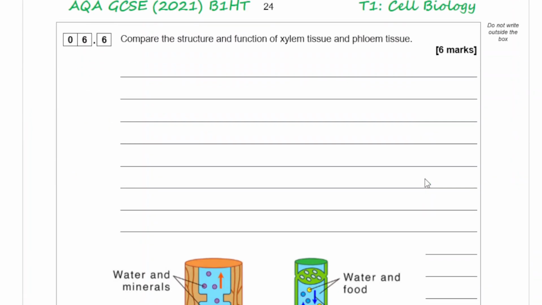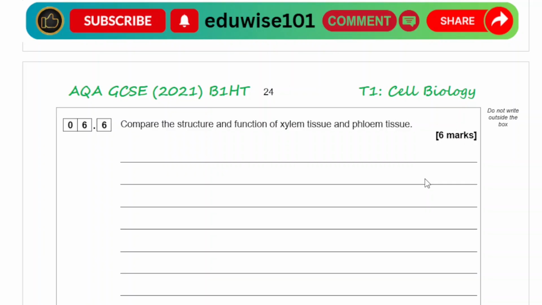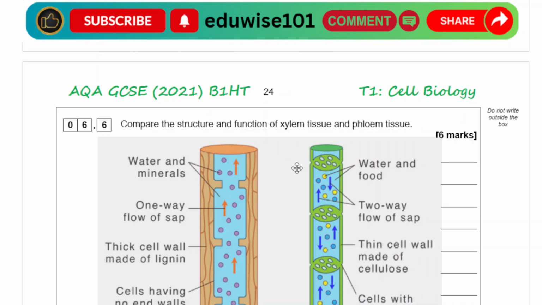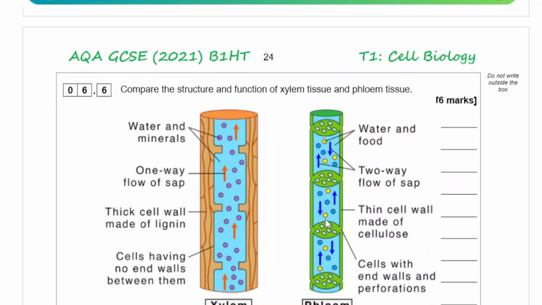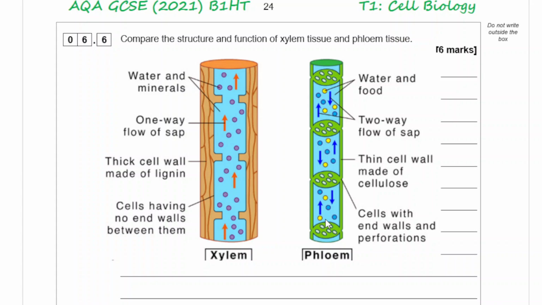Compare the structure and function of the xylem tissue and the phloem tissue. It's a 6-mark question. So let me quickly add a little bit of note here. Here you can see the xylem and the phloem tissues.